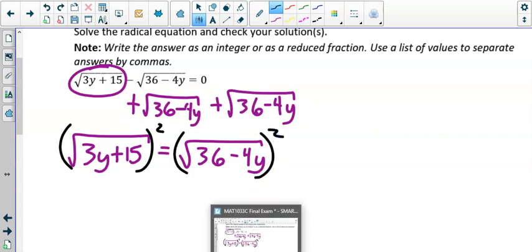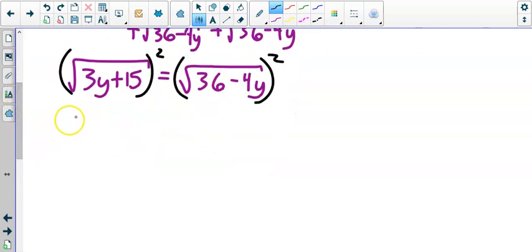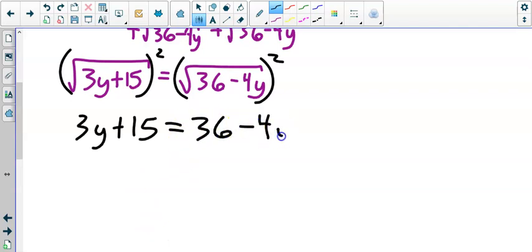What is a square going to do to those radicals? It's going to get rid of them. That's right. Because squaring undoes a radical, and vice versa. So what we have left is 3y plus 15 equal to 36 minus 4y. We could have only done the squaring once that radical on the left side was by itself. Okay? All right, what do we do now?